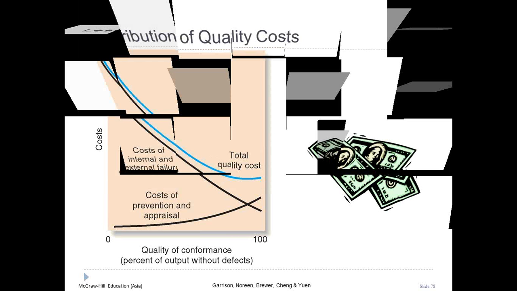So, learning objective number 11. Let's prepare and interpret a quality cost report. A quality cost report details the prevention, appraisal, internal failure, and external failure costs that arise from a company's current quality control efforts.